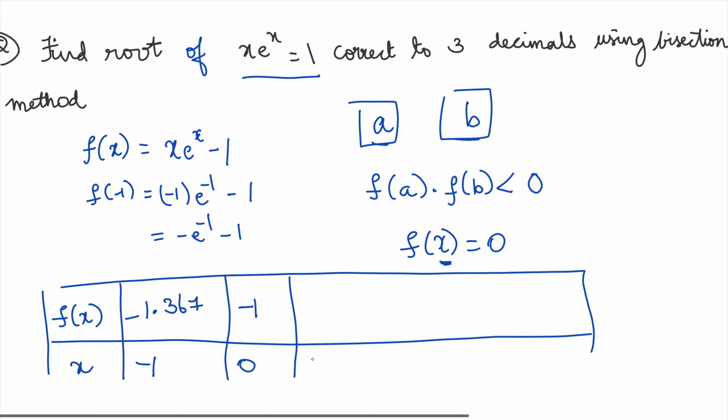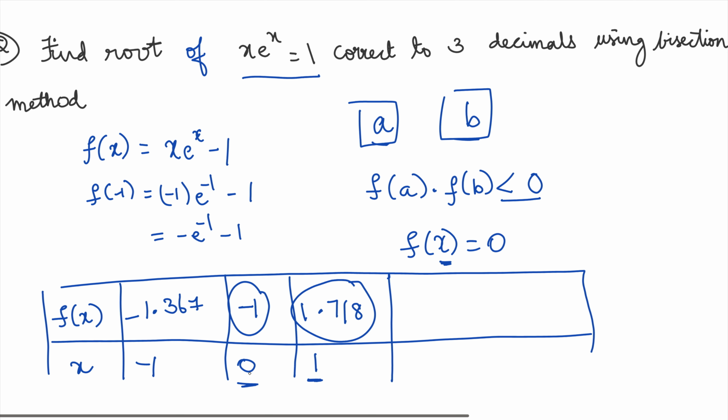Now, what if the x value is 1? When the x value is 1, we get 1.718. So I don't think we need to continue further, right? Because we got two values, a and b, where f of a and f of b is less than 0. If one is positive and the other is negative, the multiplication of it would be negative, less than 0.